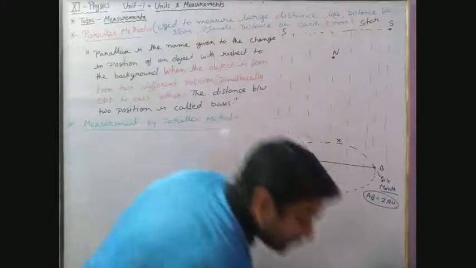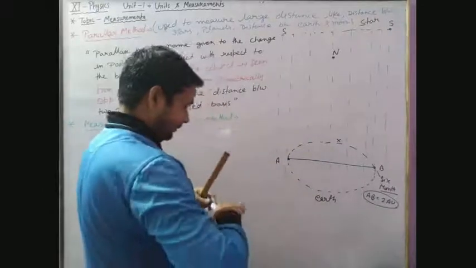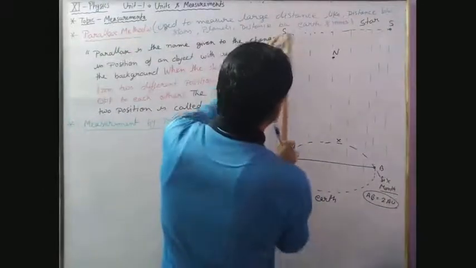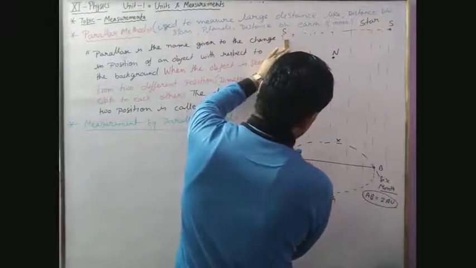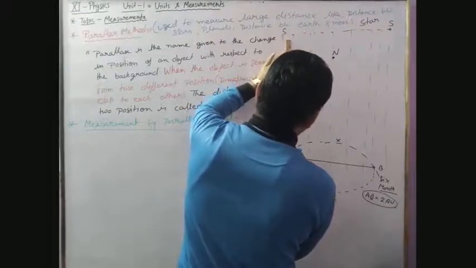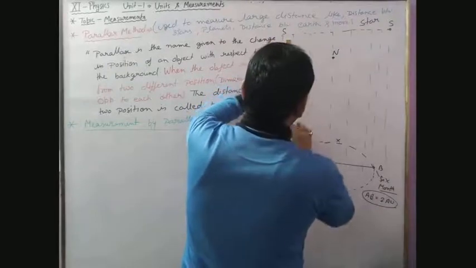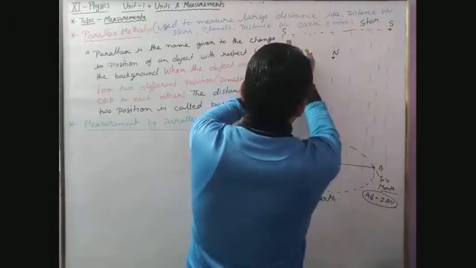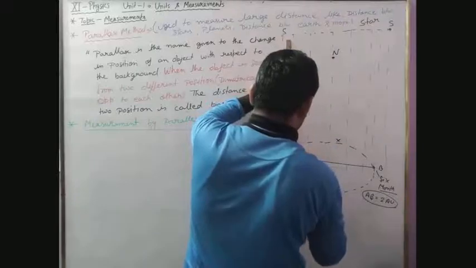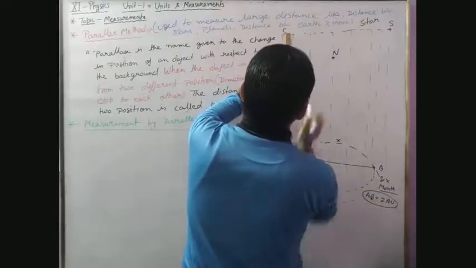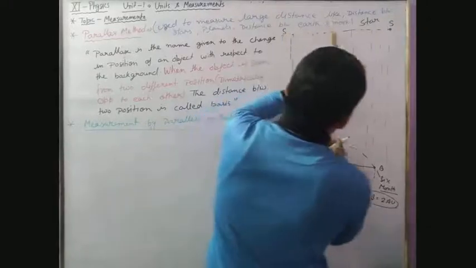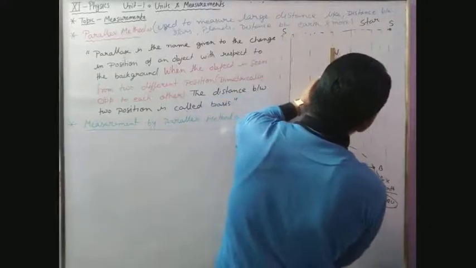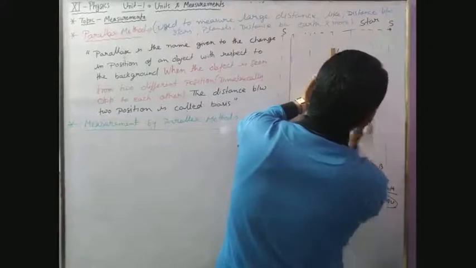Now, I just join these distances, one from here to the periphery.